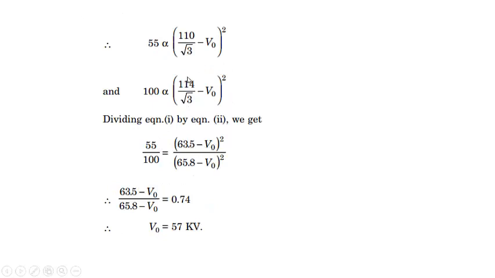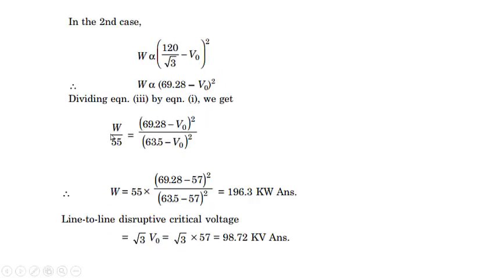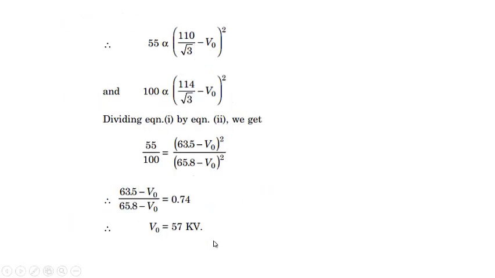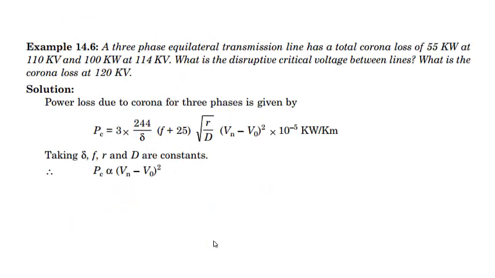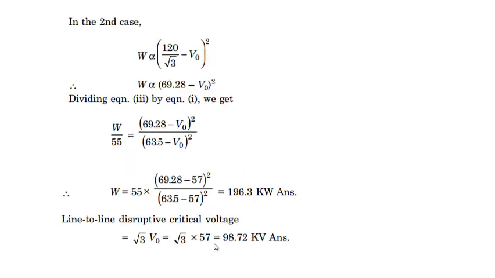After putting the value of V naught as 57, W will be equal to 196.3 kilowatt. This will be the answer for this. So the line to neutral disruptive critical voltage will be this value. In this case, we are able to find out the value of critical disruptive voltage and the corona loss for different voltage.